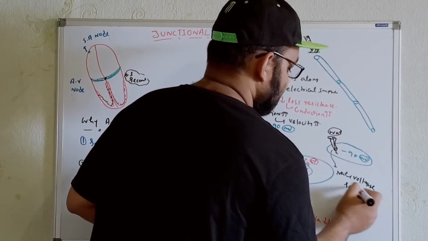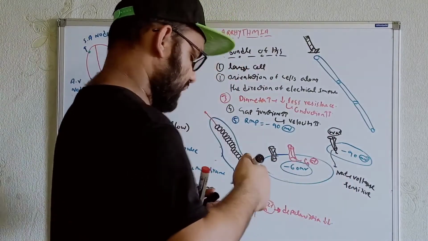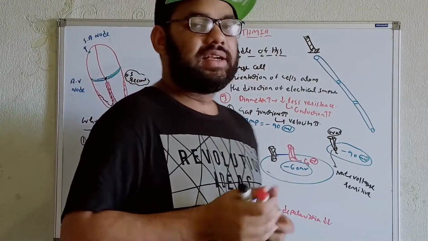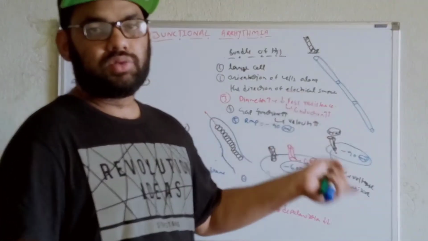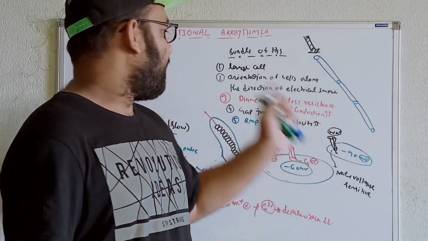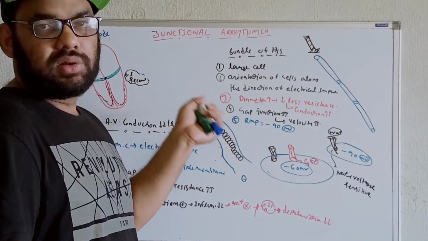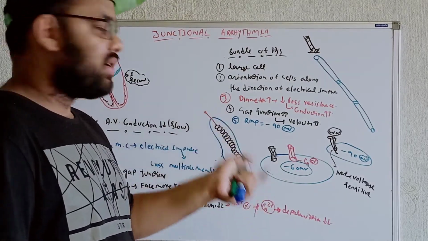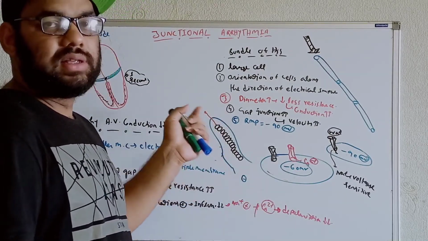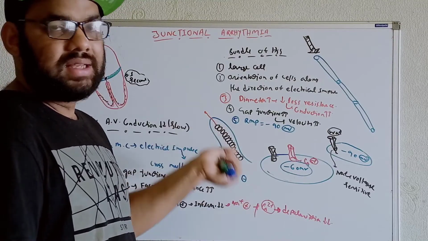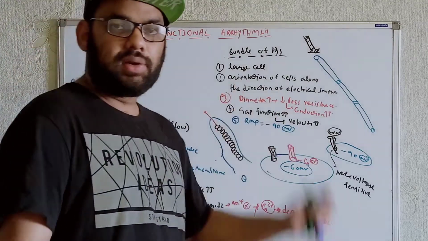That's why, in the Purkinje cells, the depolarization is based on the voltage-sensitive sodium channel. But in the case of the SA node and the AV node, the depolarization is based on the voltage-sensitive calcium channel, because the resting membrane potential for these cells is minus 60 millivolts, or we can say less compared to the Purkinje cells. Okay, hope it's clear for you.